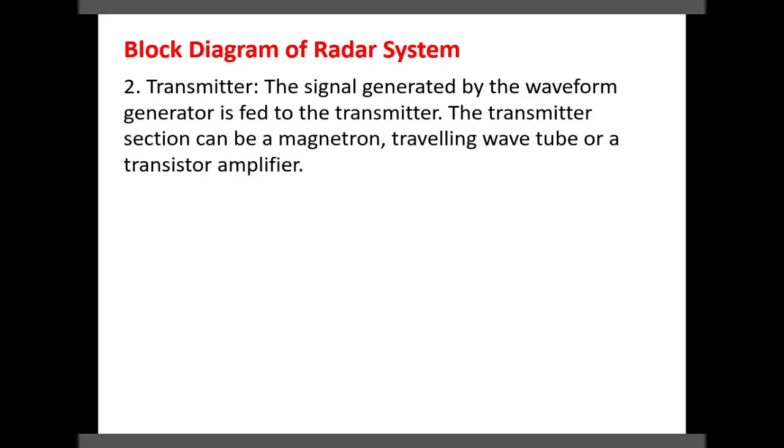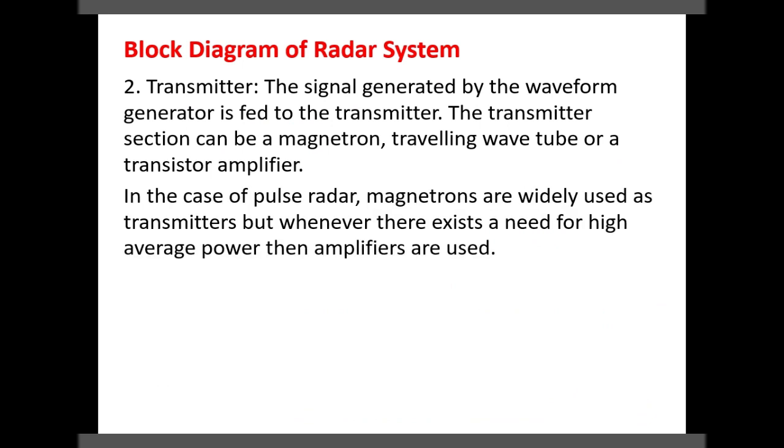The signal generated by the waveform generator is fed to the transmitter. The transmitter can be a magnetron, a traveling wave tube, or a transistor amplifier. In the case of a pulse radar, magnetrons are widely used as a transmitter, but whenever there is a need for a high average power, amplifiers are used.